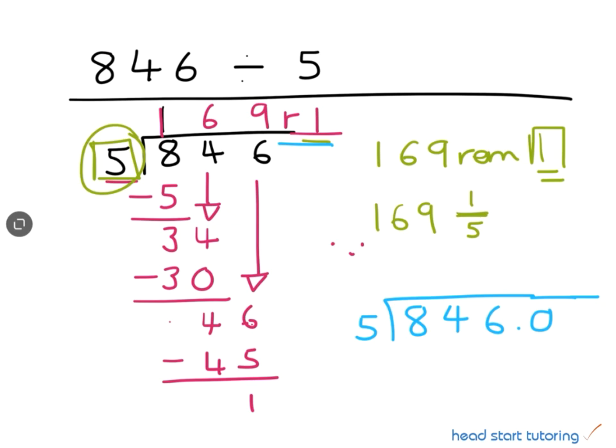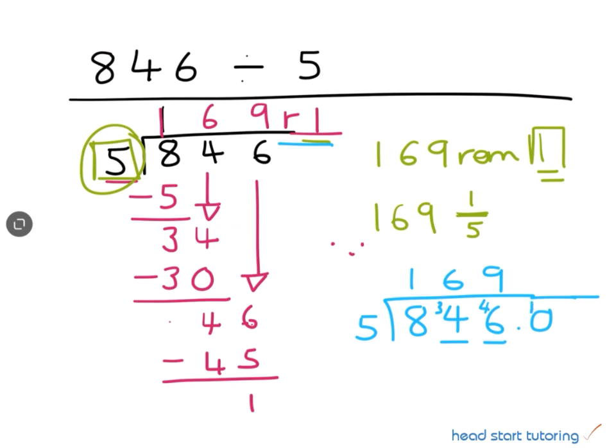So 5 into 8 fits once, remainder 3. 5 into 34 fits 6 times. 6 times 5 is 30. The difference between 34 and 30 is 4. 5 into 46 fits 9 times. 9 times 5 is 45. The difference between 45 and 46 is 1.